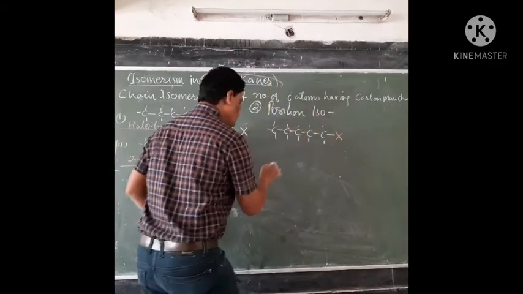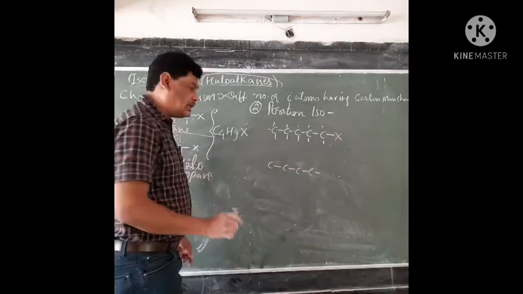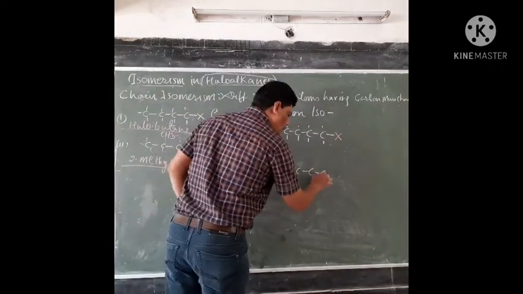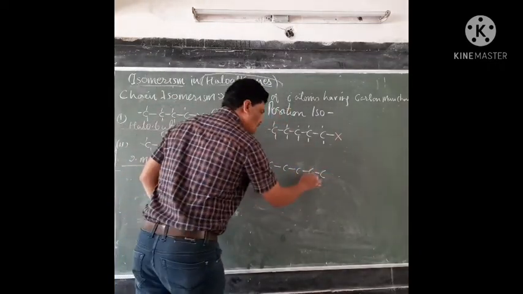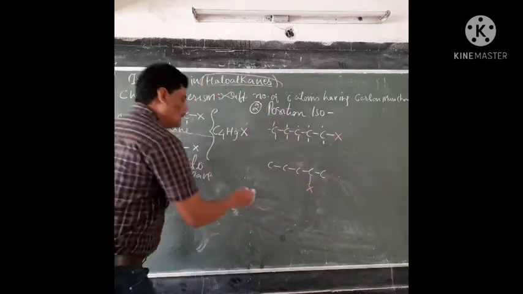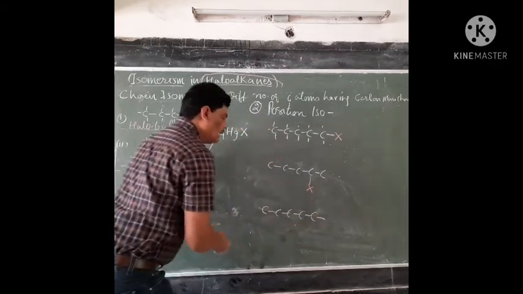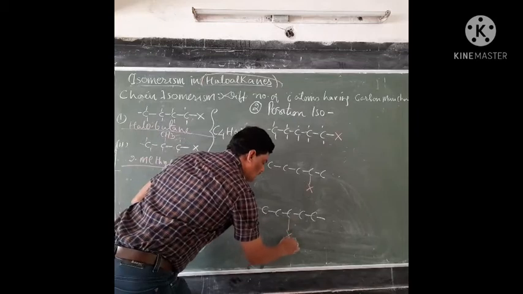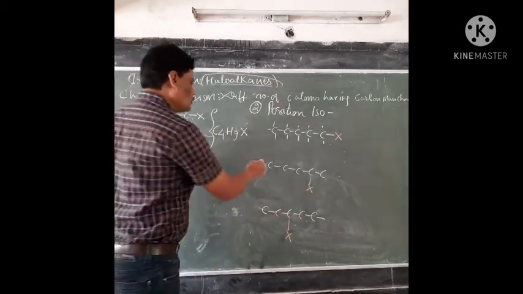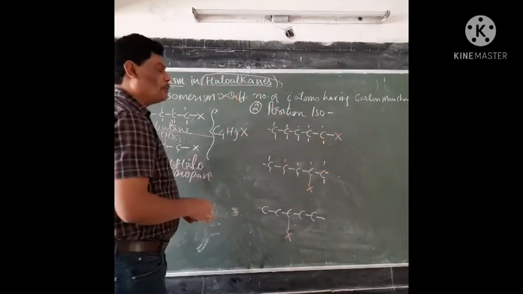I can write one more compound with 5 carbon atoms in the main chain, but X is attached to the second carbon atom. And in another, 1, 2, 3, 4 and 5, the position of X is on the third carbon atom. Now complete the valency and write their IUPAC names.